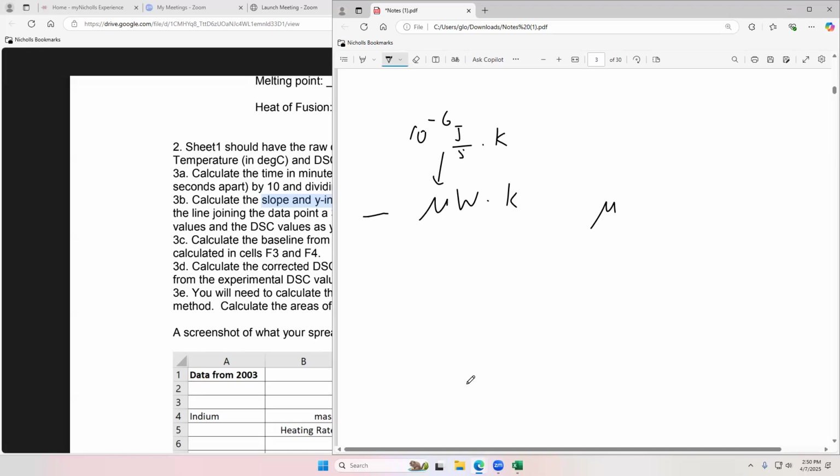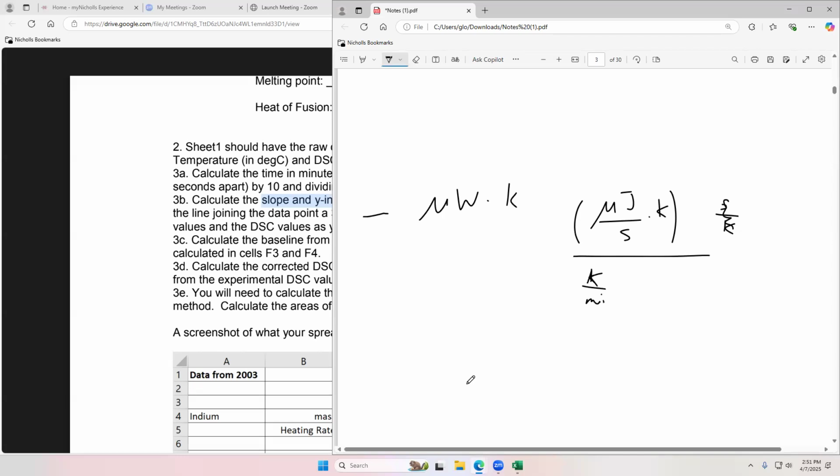How do I change that to just microjoules? So it's just microjoules per second times Kelvin. I have to divide it by Kelvin per second, right? I don't have Kelvin per second.